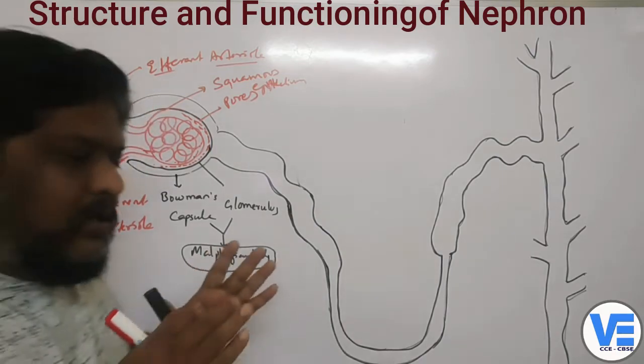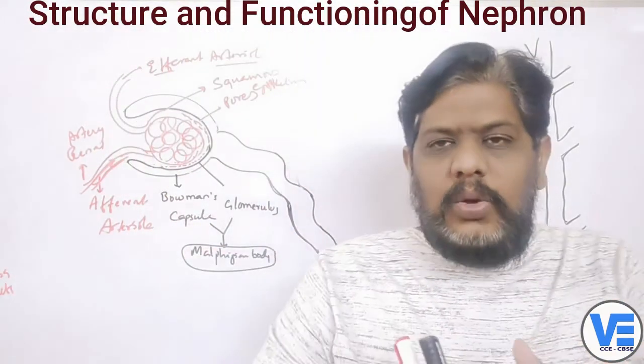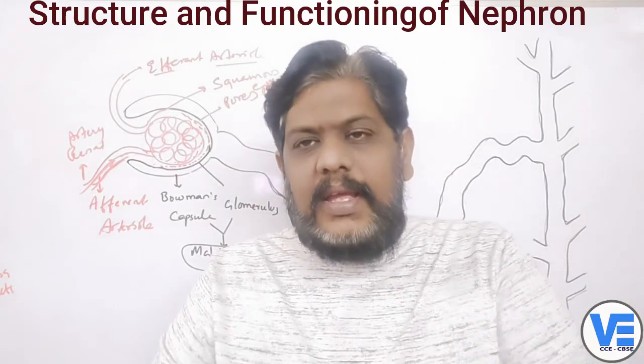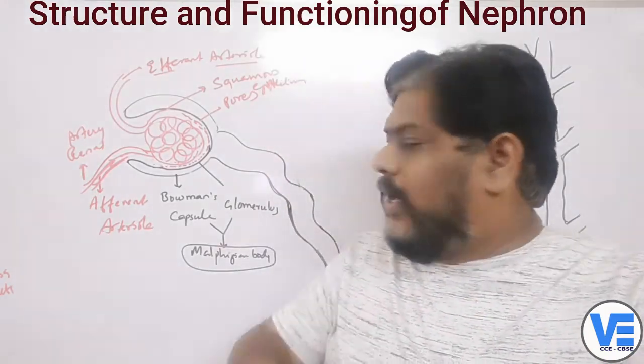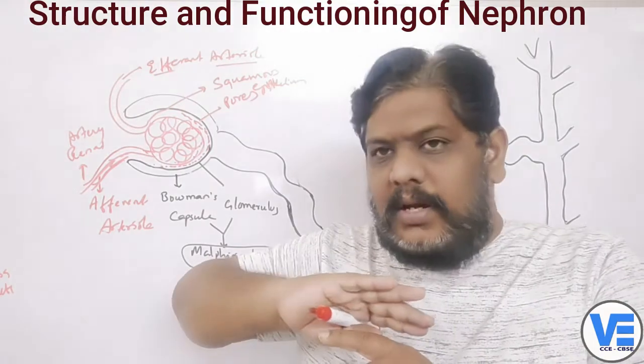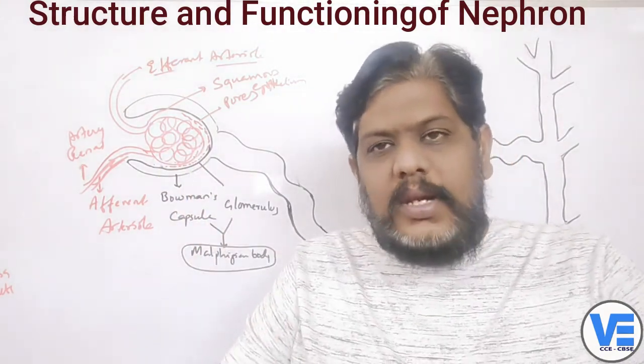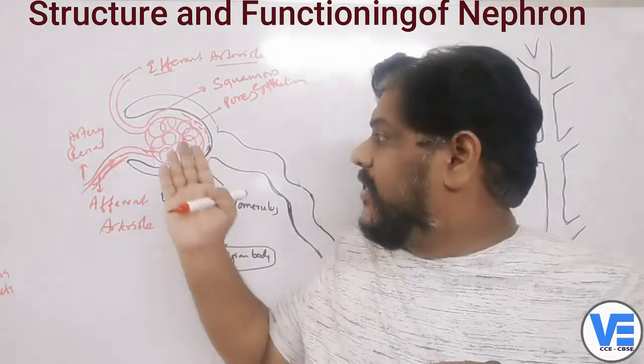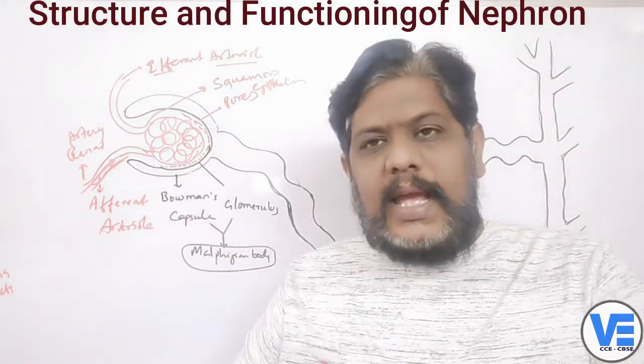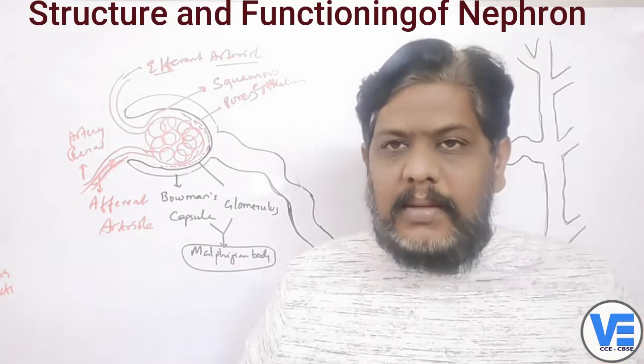Now this glomerulus doesn't know what it is filtering out, what it is sending. The glomerulus is not aware of what things are going out of this capillary network into the Bowman's capsule. So it is sending all the things randomly, right?